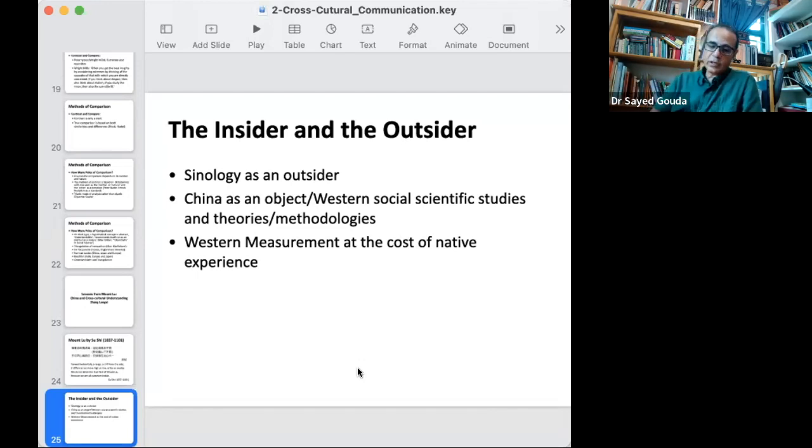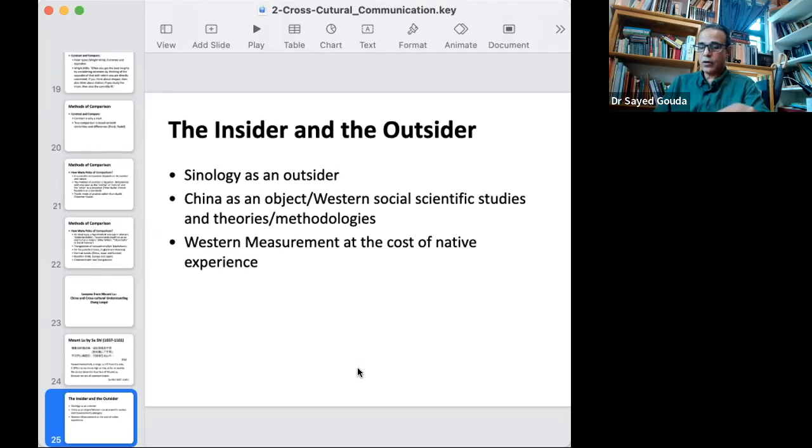And China itself, Chinese history, has been taken as an object studied by Western scholars. And when Western scholars study Chinese history, they use Western theories and Western measures, Western yardsticks, to measure and to analyze Chinese history.